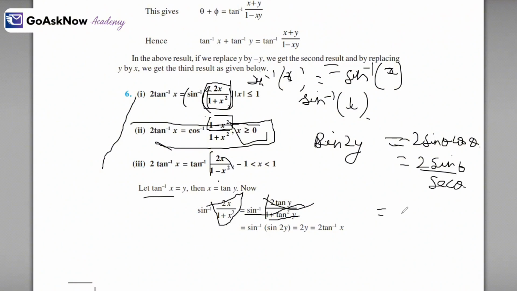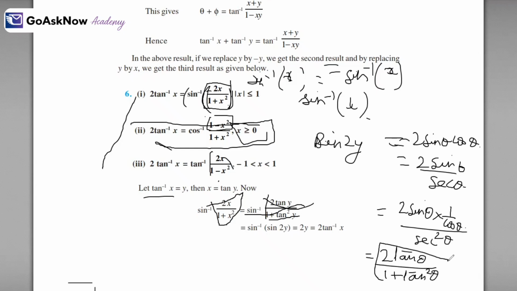Now multiply both numerator and denominator by sec theta. So it will come as 2 sine theta into 1 by cos theta upon sec square theta. Now sine theta by cos theta is tan theta, and sec square theta is 1 plus tan square theta. So this is the proof of this formula.